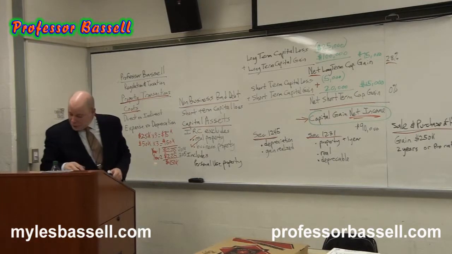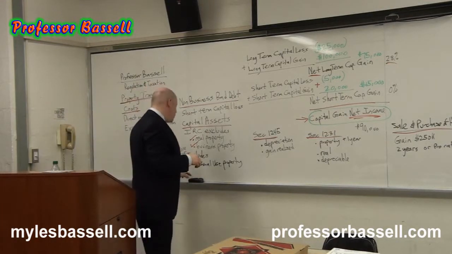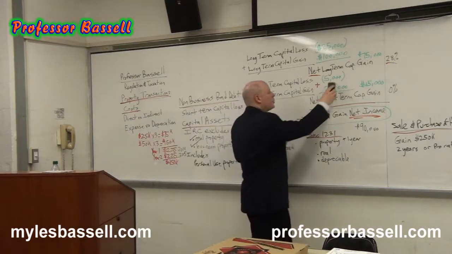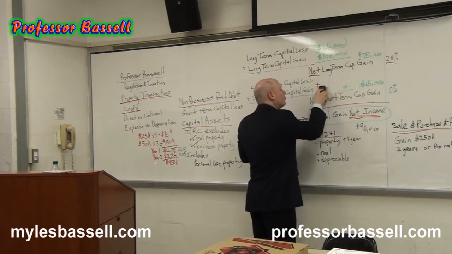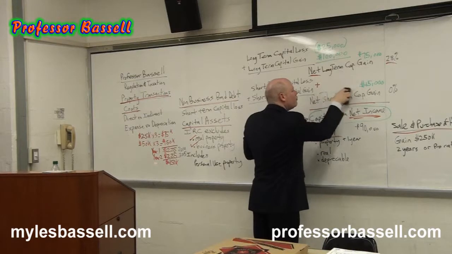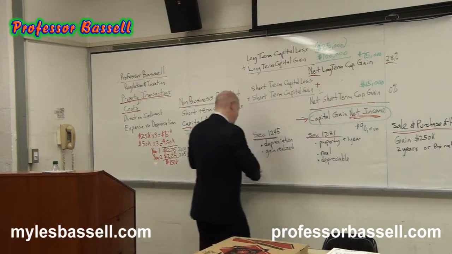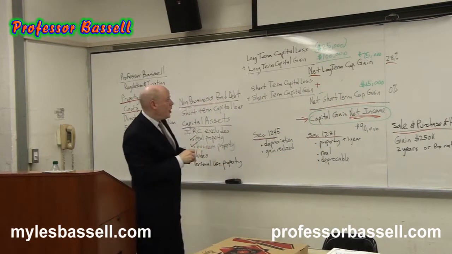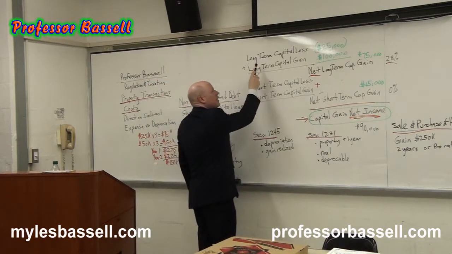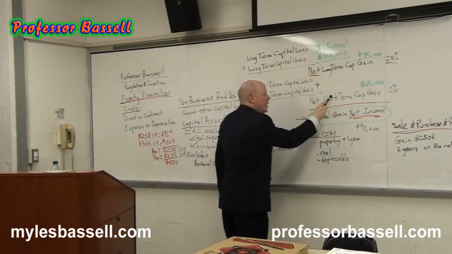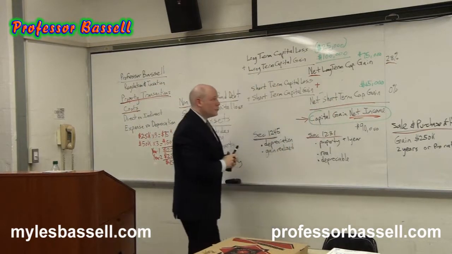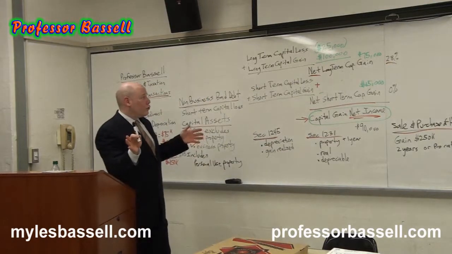Or let's say I didn't give you this. Maybe I just told you that, so that doesn't change anything. Maybe I just gave you this information, this, and this. So don't panic.